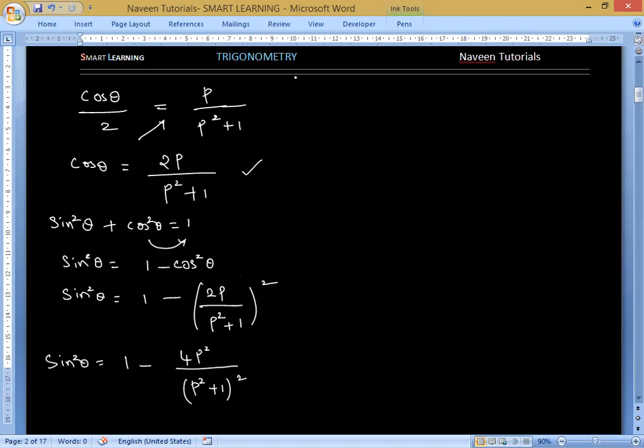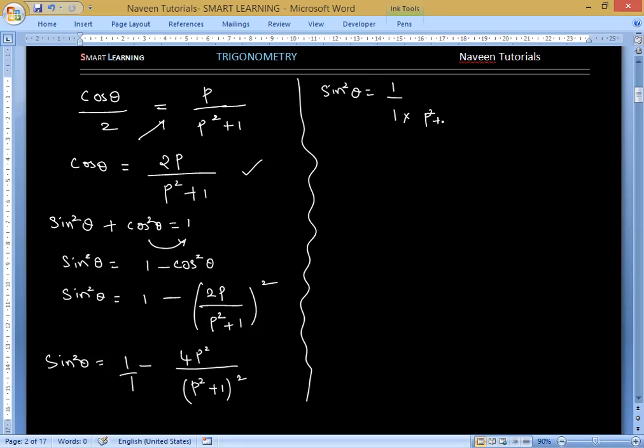Then sin square theta is equal to, here the denominator is 1. Obviously the LCM will be (p square plus 1) whole square.